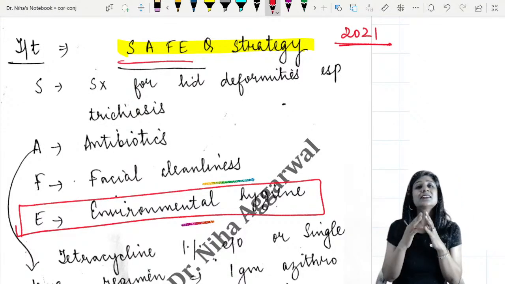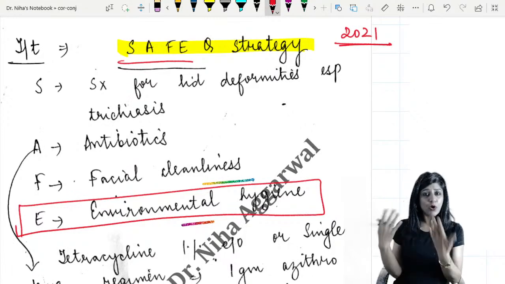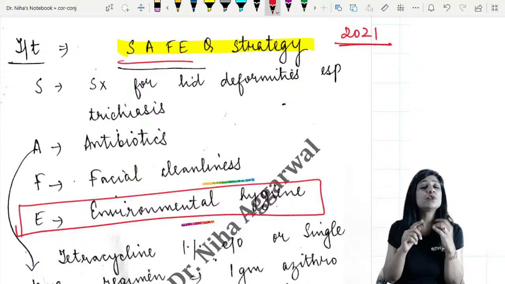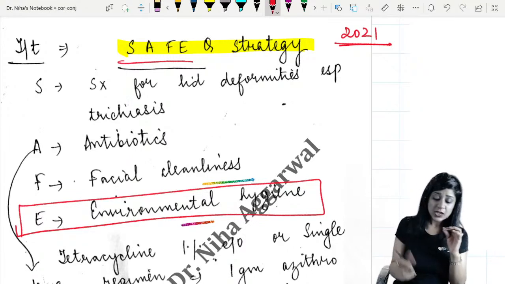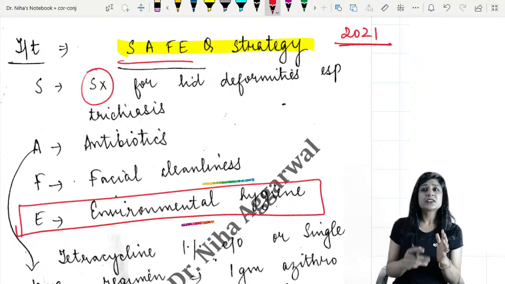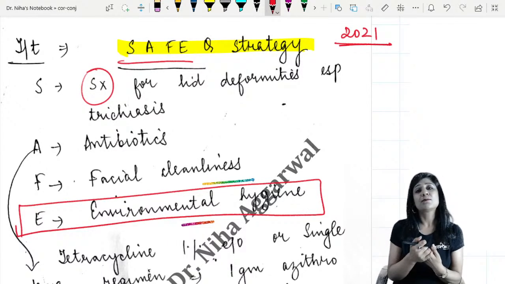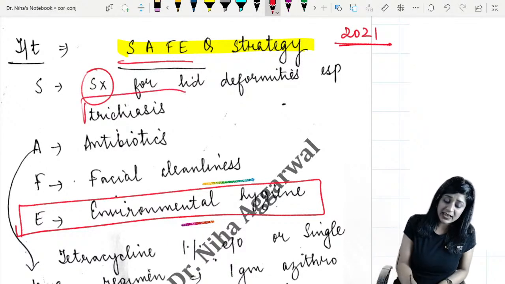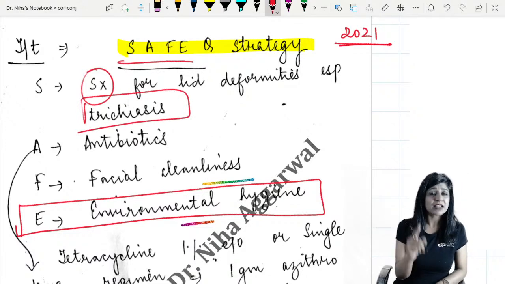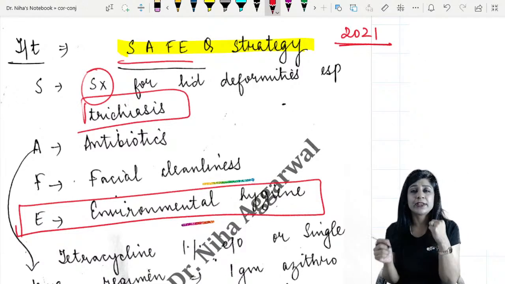Now see, these are the things you cannot change according to your language. You have to abide by the fixed words. So S is for surgery, basically we are doing it for the lid deformities, and the most common is your trichiasis. We have already discussed what is trichiasis. Then A for antibiotics.